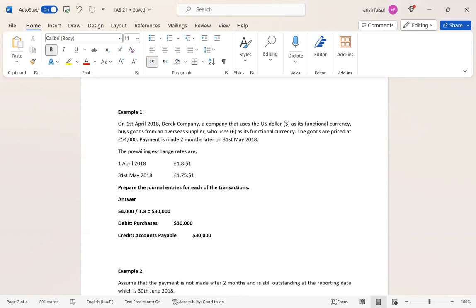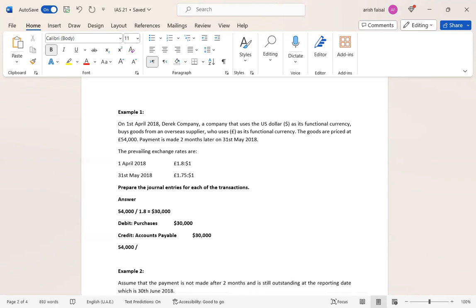On the other hand, when the Derek company is making the payment, which is basically after 2 months, we would need to see what the spot rate or the exchange rate is at the date of payment. So in that case, it is 54,000, the rate is 1.75.